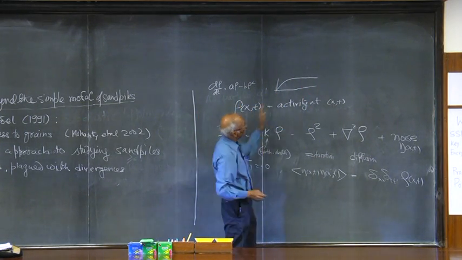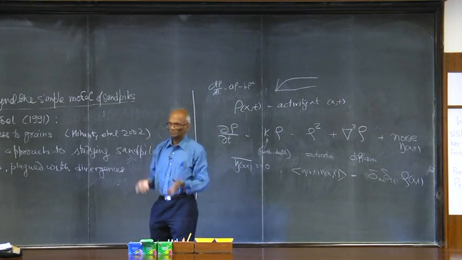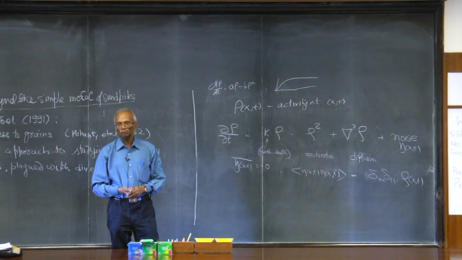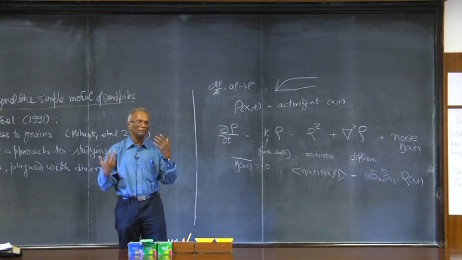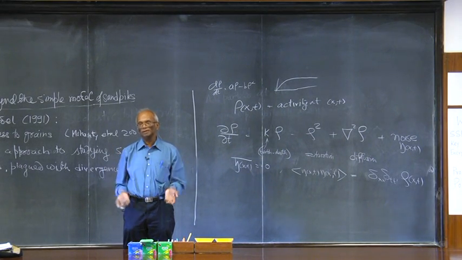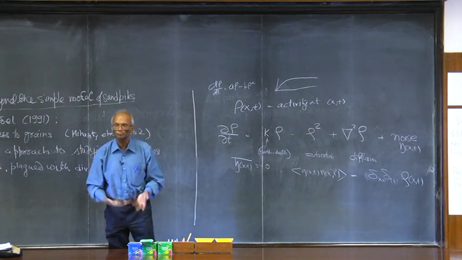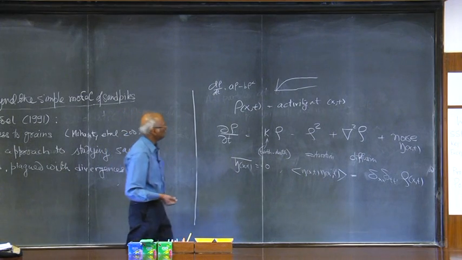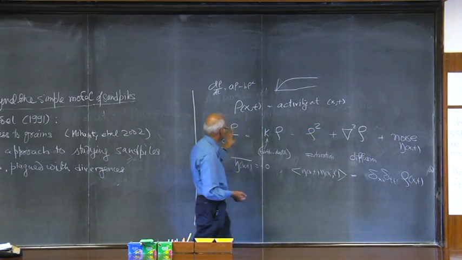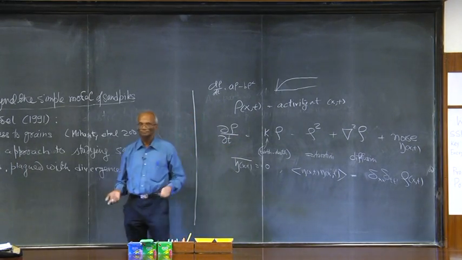If b is 0, then it just keeps on growing exponentially fast. Okay. So it just says that too many people cannot be supported. If the population becomes too much, then the rate of dying increases or some such thing. It disfavors too large values of rho. If rho becomes too large, d rho by dt becomes negative.